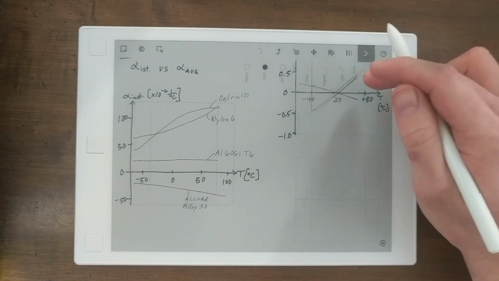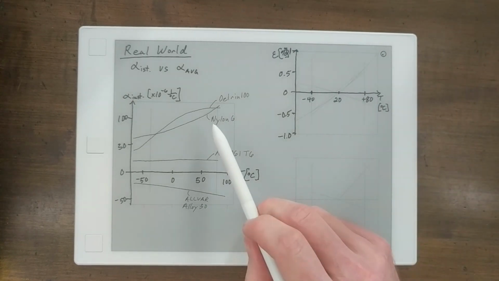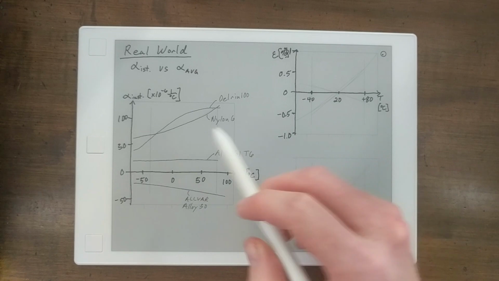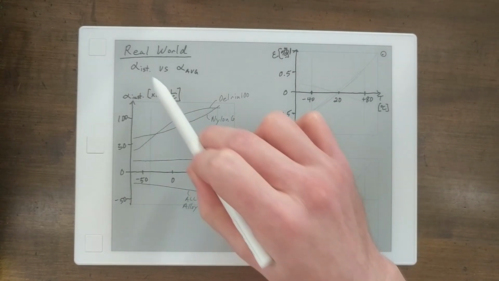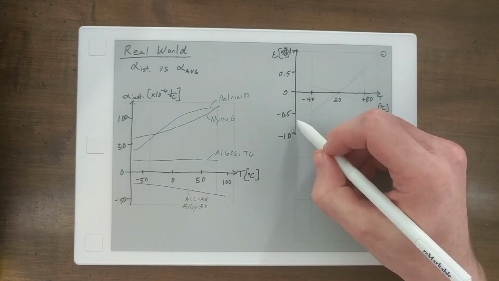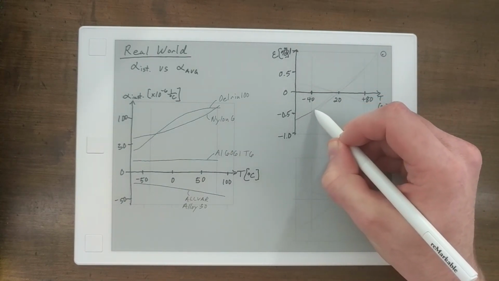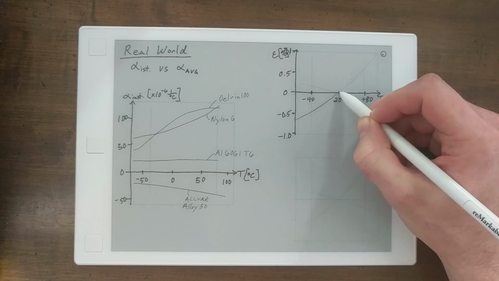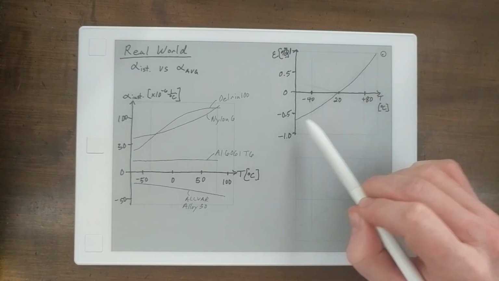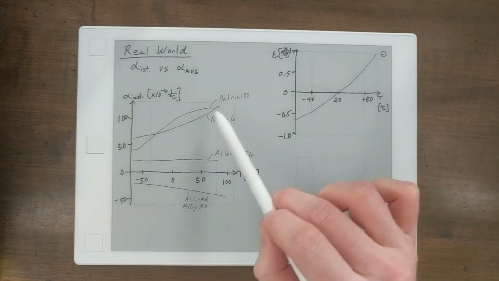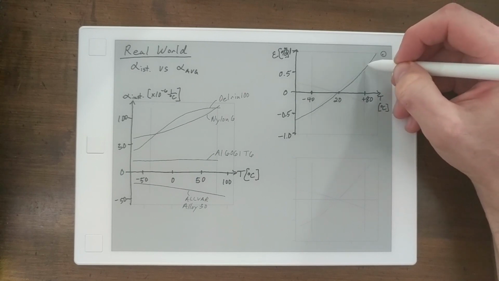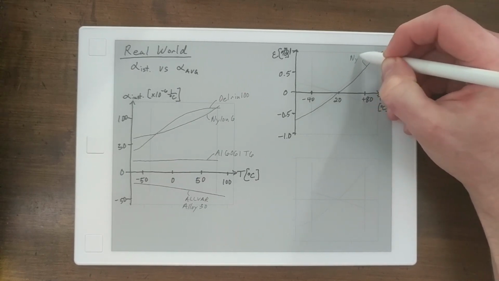If we take a look at the nylon's strain versus temperature, if we use the instantaneous CTE, which is a function of temperature, the strain we would see would look something like this, where that curvature gives us this change across temperature in nylon. So this is nylon 6.